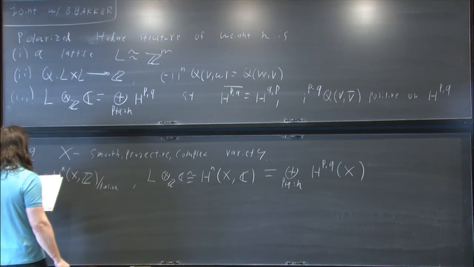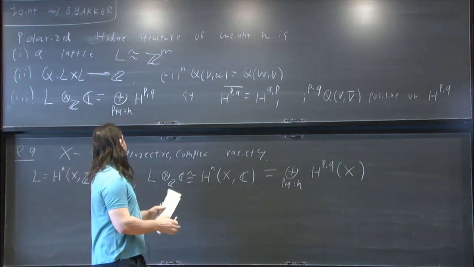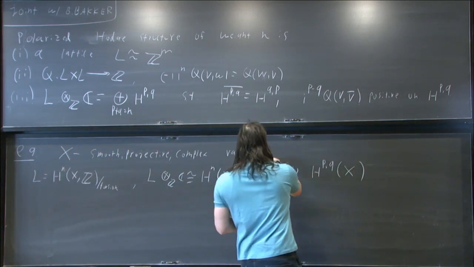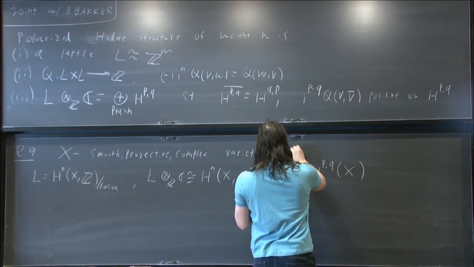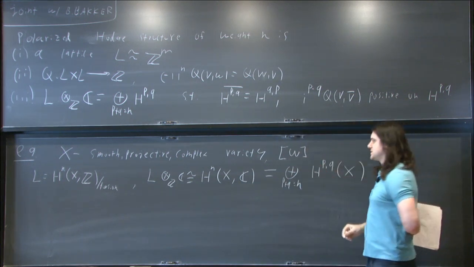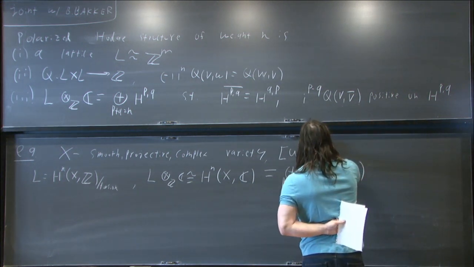And what is Q? Q is essentially given by cup product. Since X is a projective variety, we have an integral Kähler form on X, given by its ample line bundle.